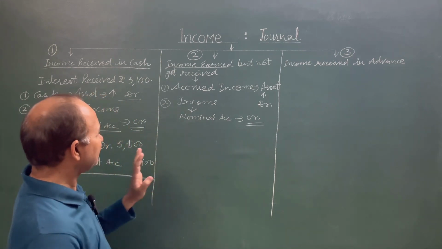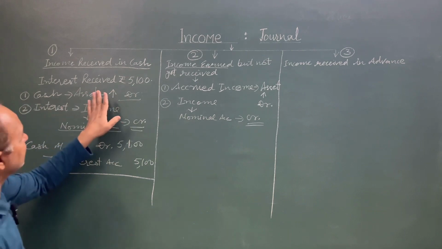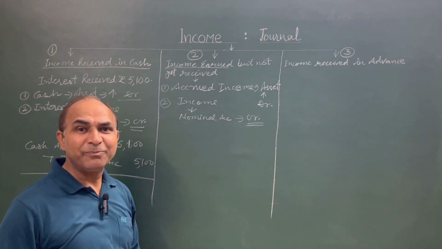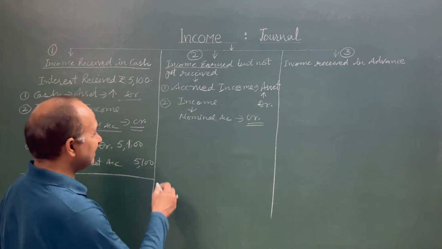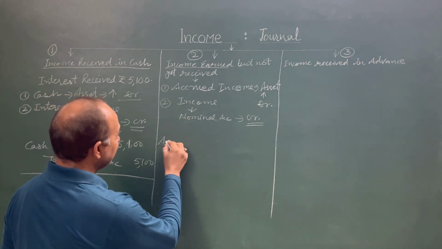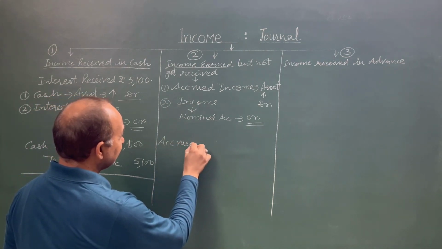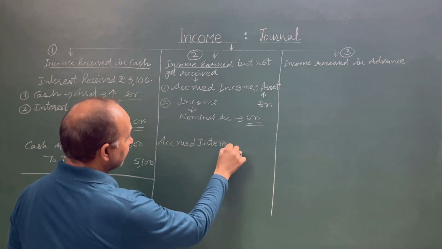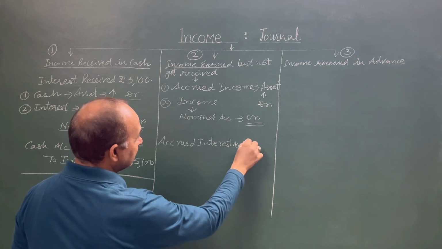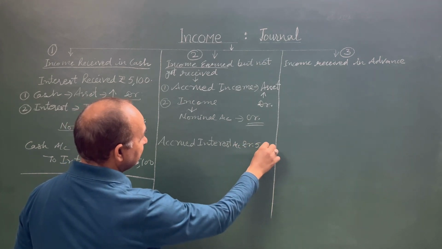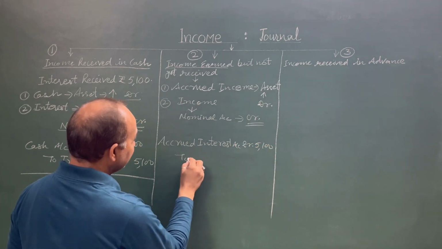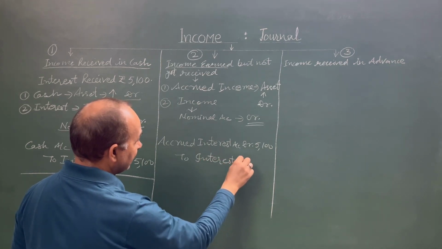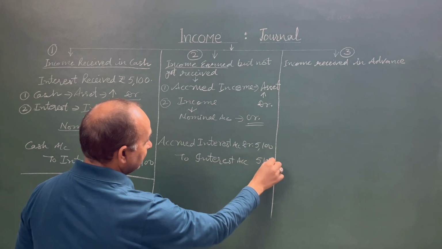entries. So suppose interest of rupees 5100 is earned but not yet received. In that case, our journal entry will be: accrued interest account debit, to interest account, the same amount 5100.